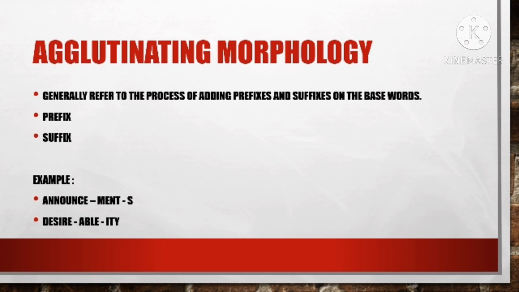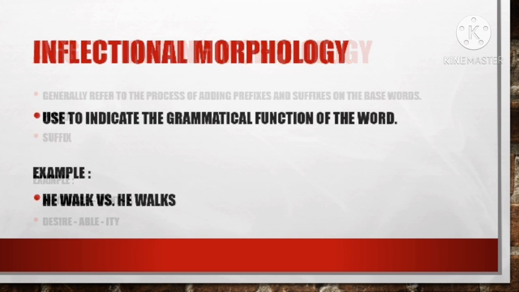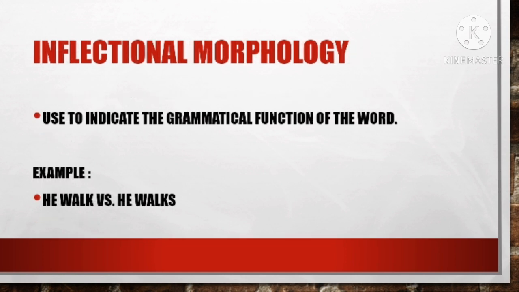Last type is the inflectional morphology. This morphology is used to indicate the grammatical function of the word. Also, inflectional morphology doesn't change the meaning of the word, unlike derivational morphology, which changes the meaning of the words.